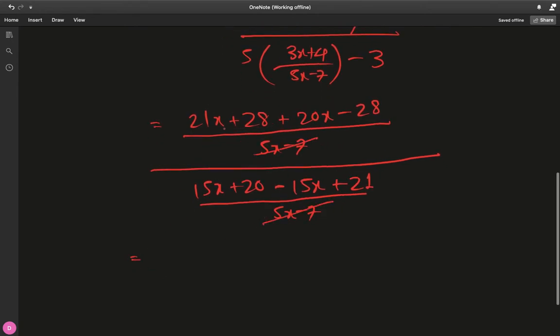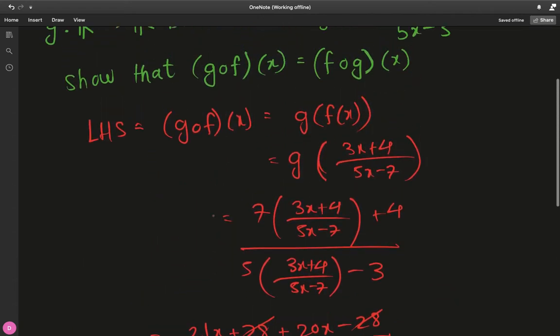So we have the 28's cancelling out and the 15x is cancelling out. So 21x plus 20x is 41x divided by 41, which is simply x. So that's the left hand side we cared about.